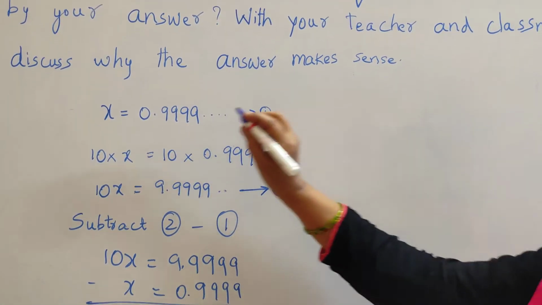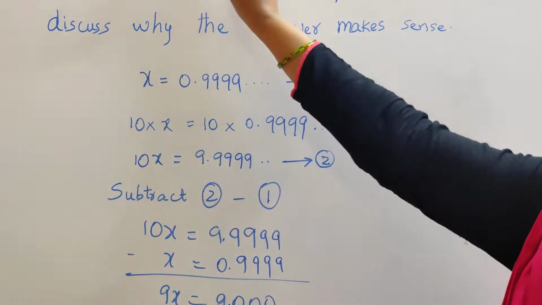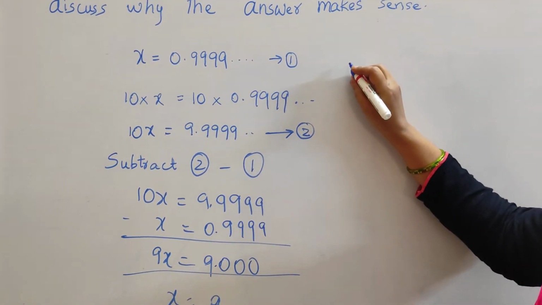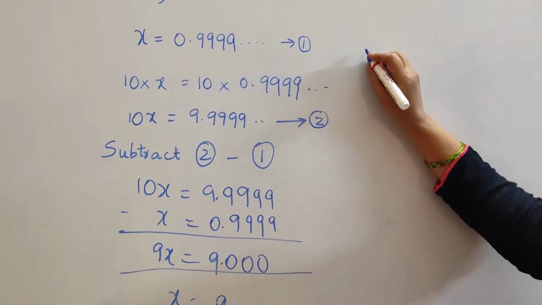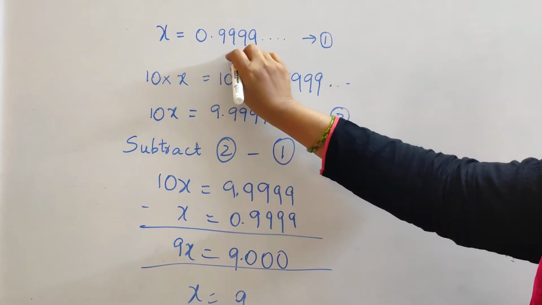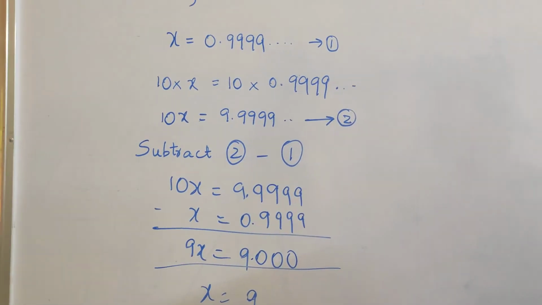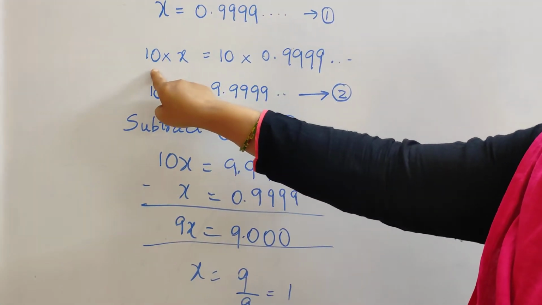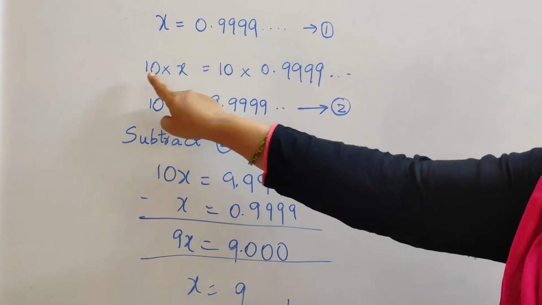The given decimal can be written as x is equal to 0.999..., call it equation 1. You can see here, children, that only one number is repeated. One number repeats means you should multiply both sides by 10.